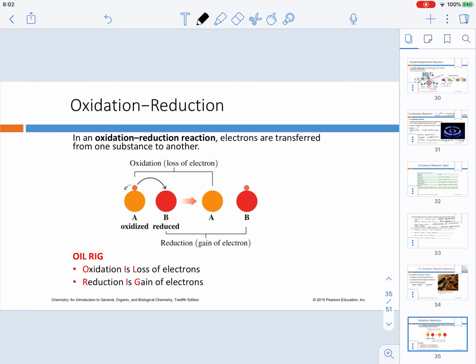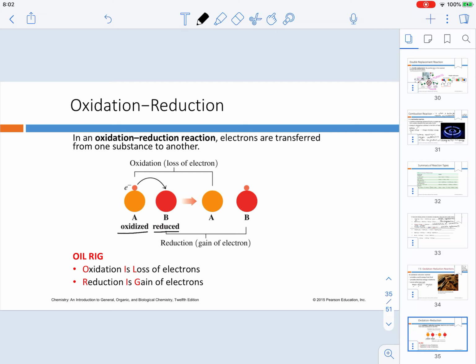In an oxidation reduction reaction, the basic idea is that electrons are going to transfer from one substance to another. The substance that transfers the electrons is the one that gets oxidized. The one that receives the electrons is the one that gets reduced.